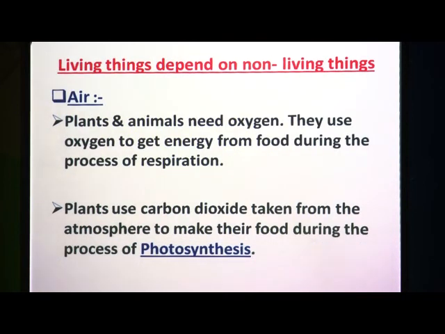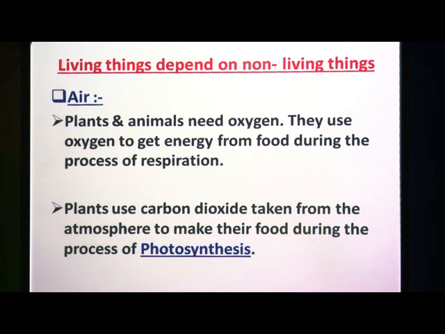Students, as we all know, we need air. Why is air essential for living things? Because air contains many gases.